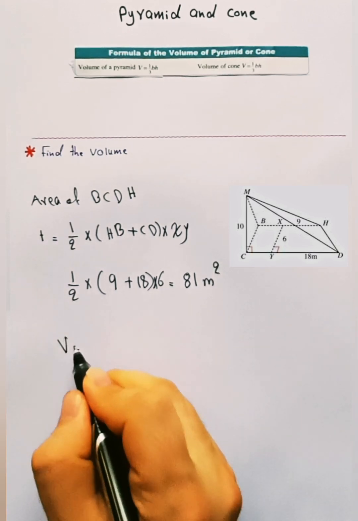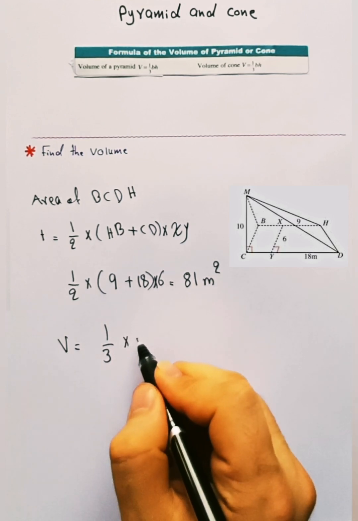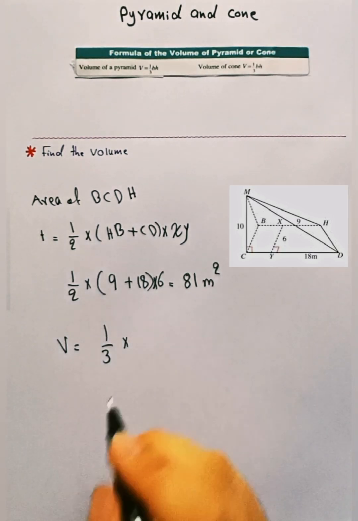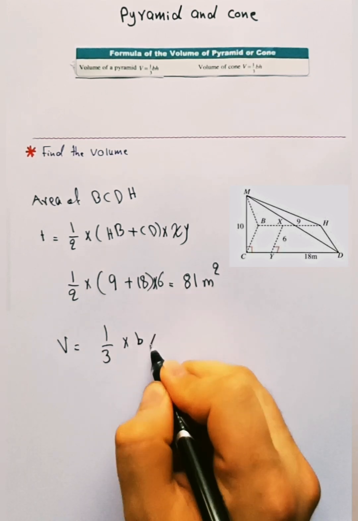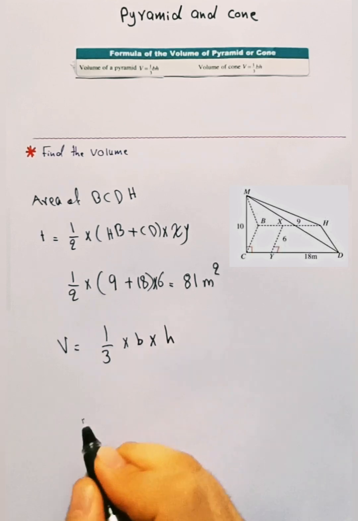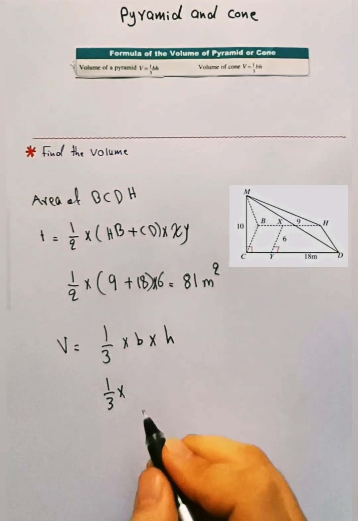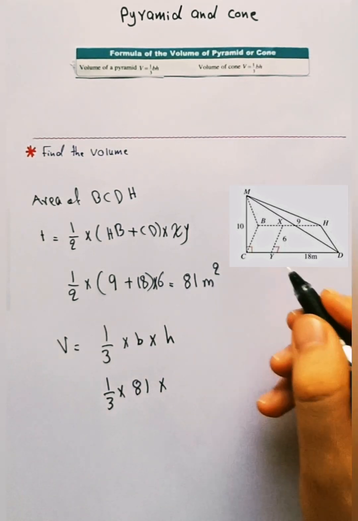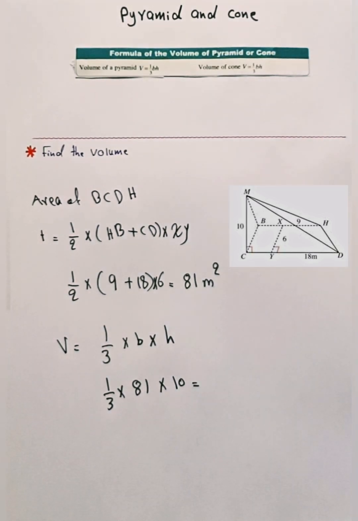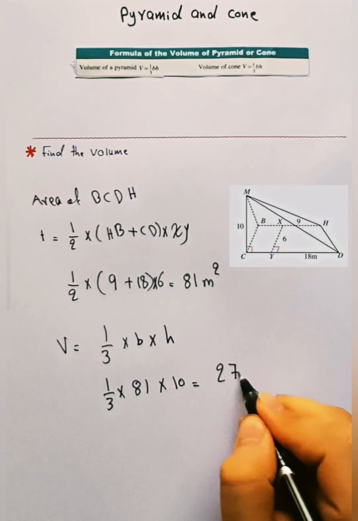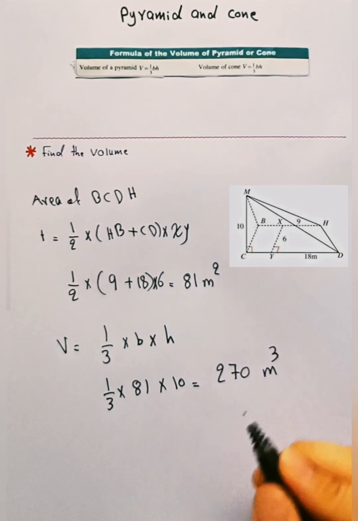After that, the volume is 1 out of 3 multiplied by the area of the base multiplied by the height. So 1 out of 3 multiplied by the area of the base, 81, and the height is 10 meter. So the product is 270 meter cube or cubic meter.